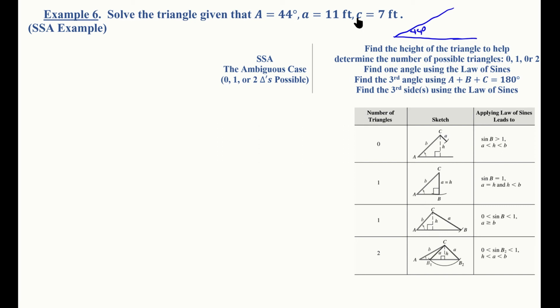Since I'm given the side opposite the angle C being 7, rather than putting C up here this time, we'll put it down here, so that then this will be the side opposite C at 7 feet. So that means our B will be somewhere up here.